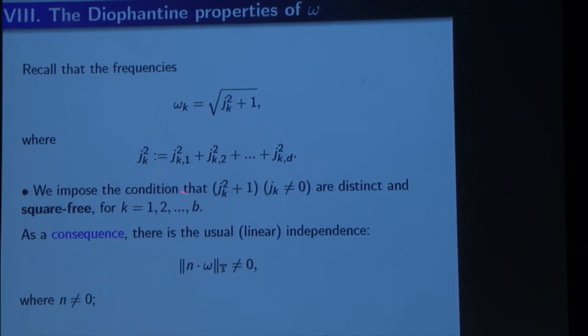So that worked. As a consequence of the square free conditions, there is the usual linear independence of the square roots. This is your linear Diophantine condition, which is familiar. Everyone has seen this before.